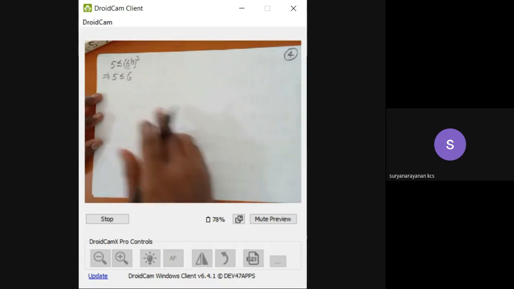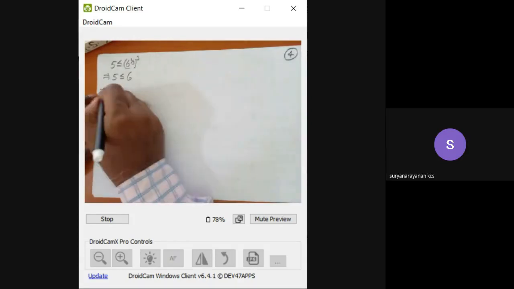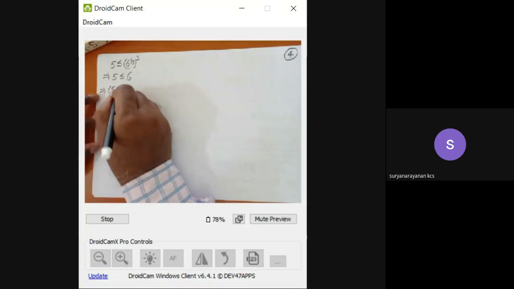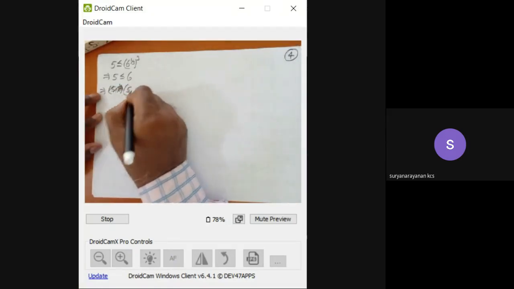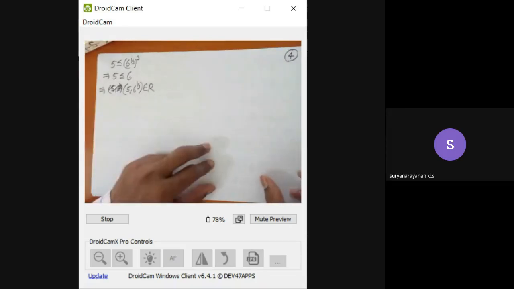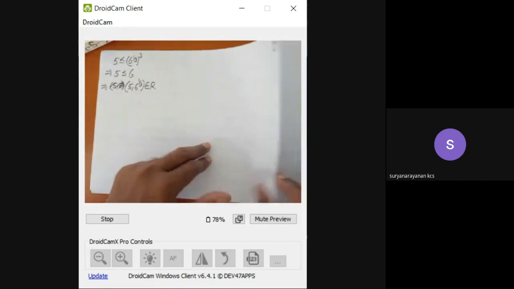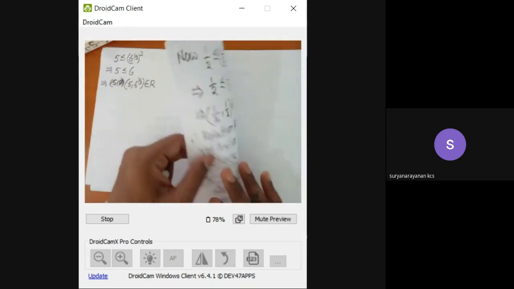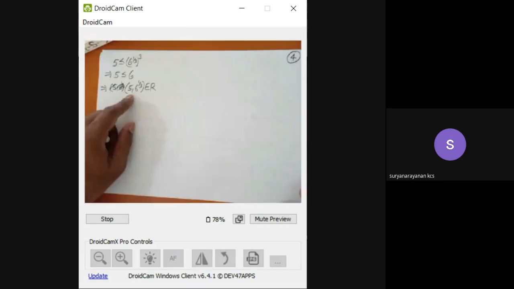So ordered pair 5 comma 6 power 1 by 3 belongs to R. At the beginning we had taken 7 comma 5 belongs to R, and ordered pair 5 comma 6 power 1 by 3 also belongs to R. Yes or no?